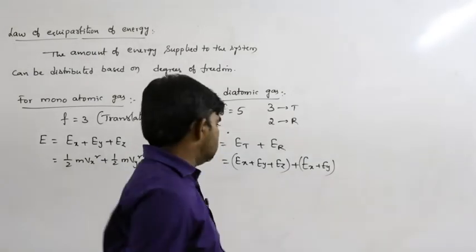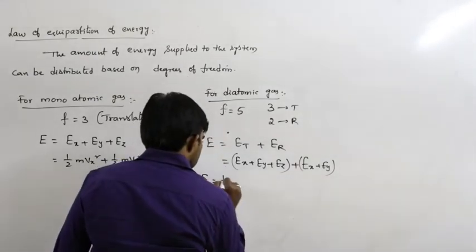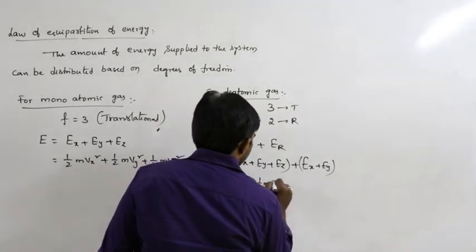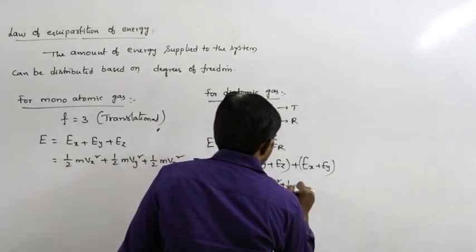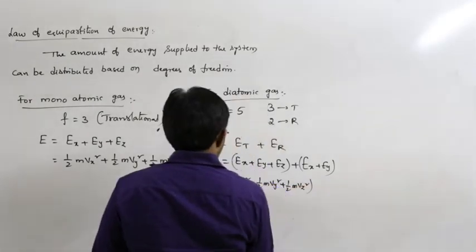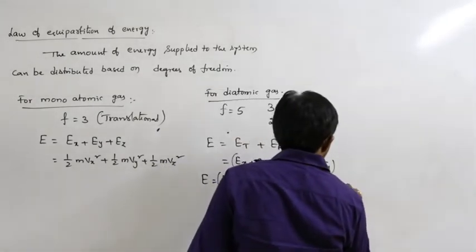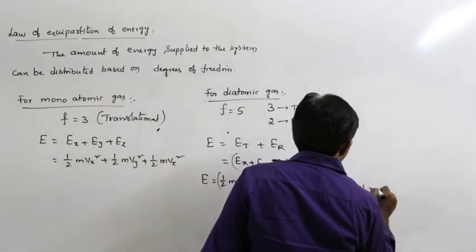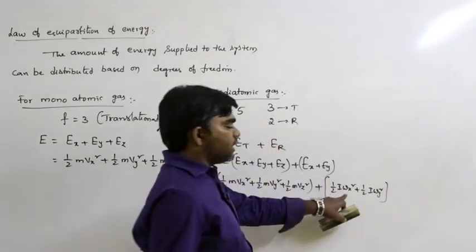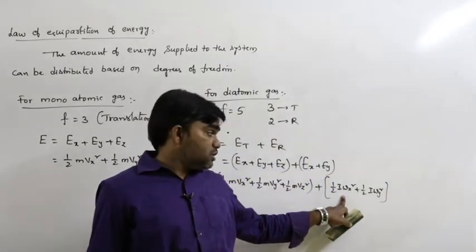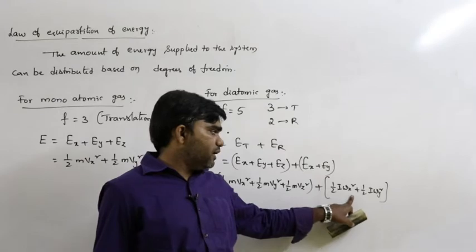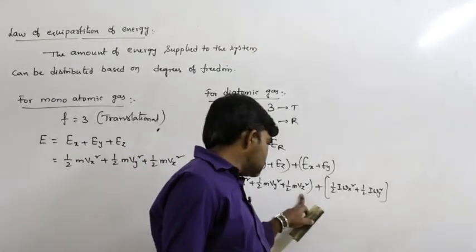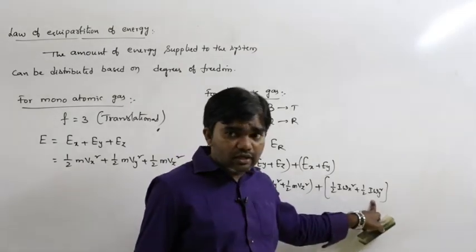So the total energy can be written as half m vx square plus half m vy square plus half m vz square, plus half I omega x square plus half I omega y square. The rotational kinetic energy formula is half I omega x square plus half I omega y square. So this is the translational kinetic energy and this is the rotational kinetic energy.